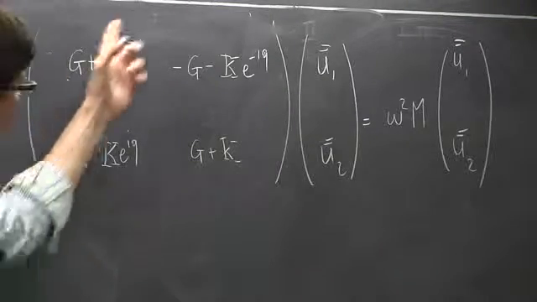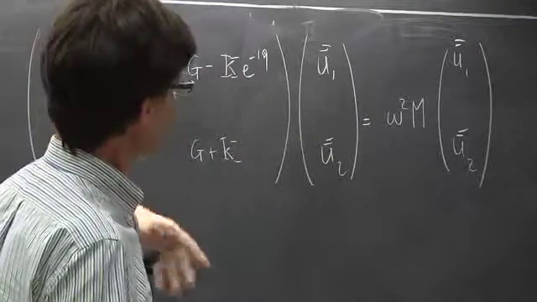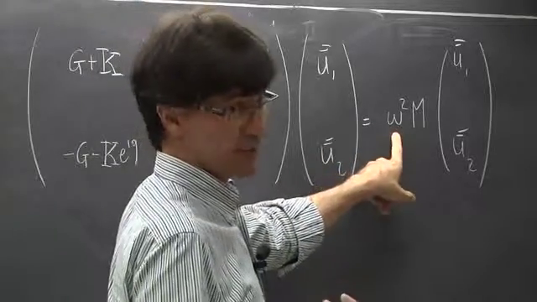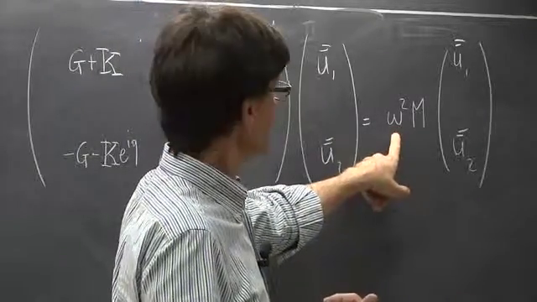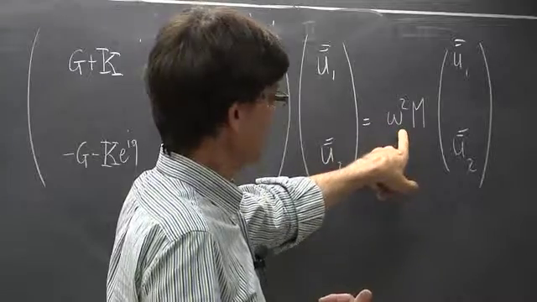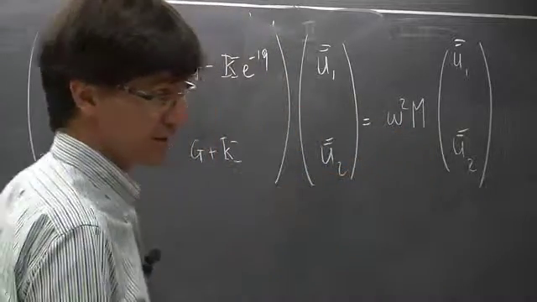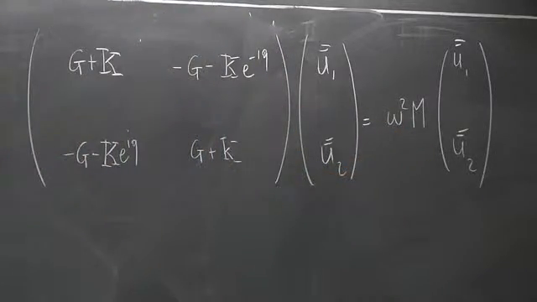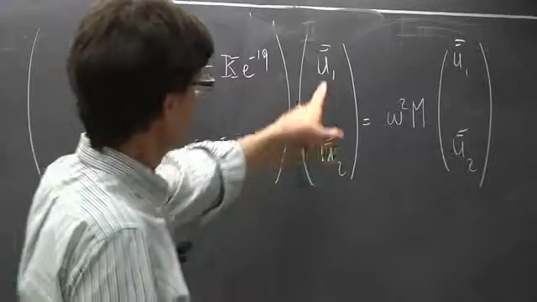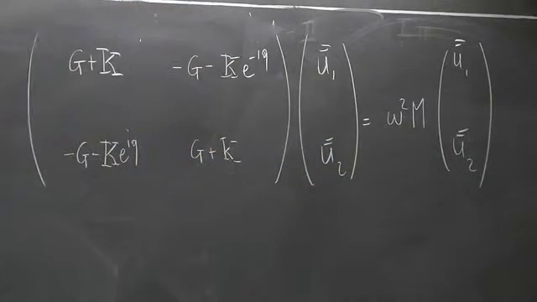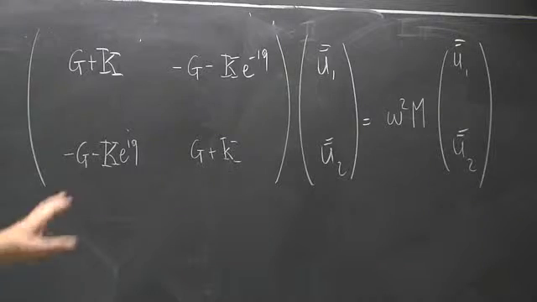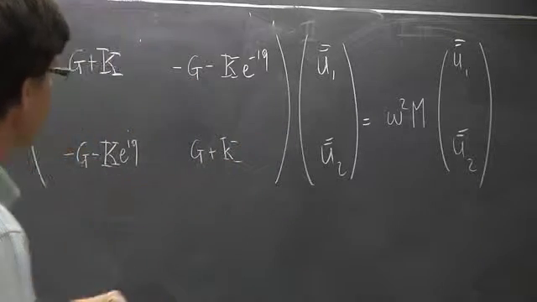We need to diagonalize this 2 by 2 matrix, see whether we get positive eigenvalues, because the eigenvalues must be positive if we want to find a frequency that satisfies these eigenvalues. And the eigenvectors, u bar 1 and u bar 2, will be the solutions for that particular q and omega. So essentially, what we need to do is to diagonalize this 2 by 2 matrix.